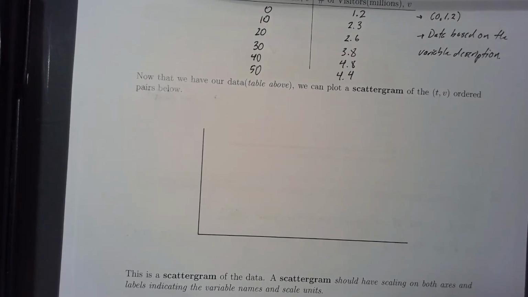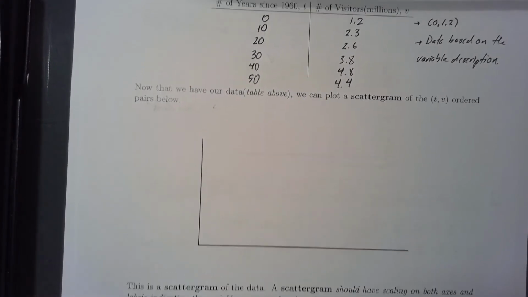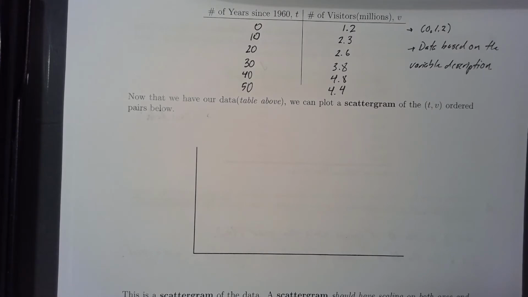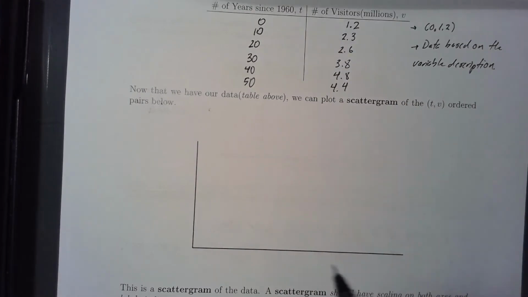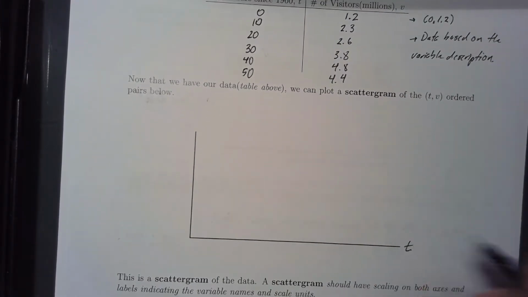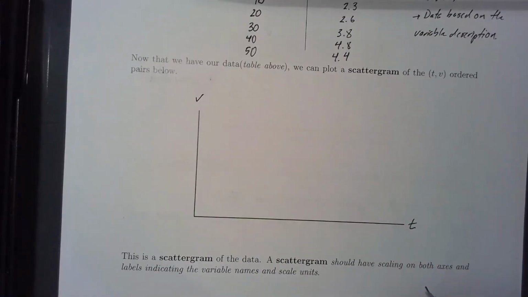Now, when we make a scattergram, we have to have consistent tick marks on our axes. So remember, independent variable, horizontal axis. So this is T, this is V. Don't forget to write their titles on the axis.